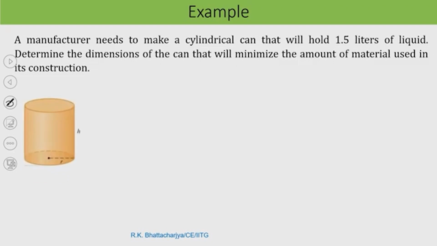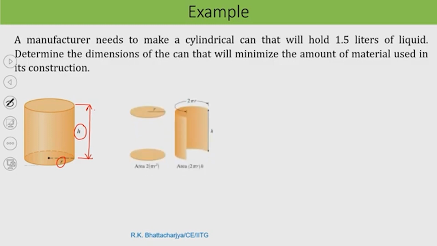Now, this is the can, a cylindrical can. Therefore, the dimensions are the height of this can, h, and the radius, r.